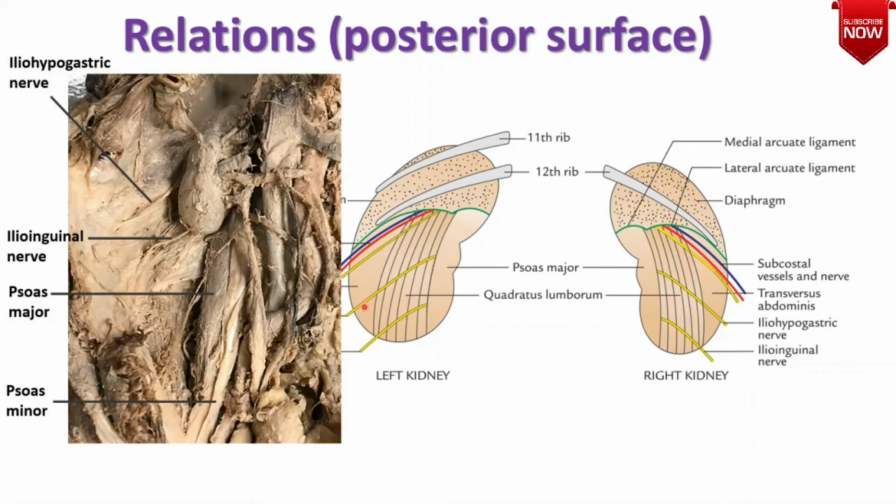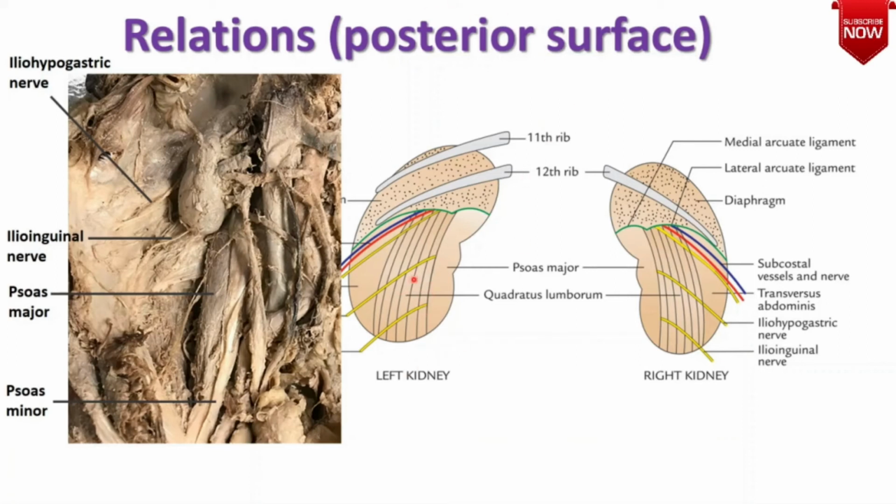And here it appears a fascia transversalis. Just below that, there is another nerve coming out from the lateral border of the psoas major muscle. This nerve is ilioinguinal nerve. Again, the branch of the lumbar plexus coming from the L1 segment.